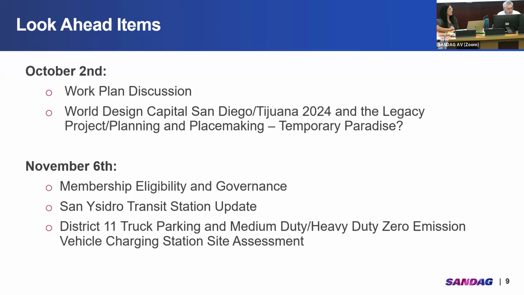And there's some progress on the November 6th meeting as well: to revisit the San Isidro Transit Station and get an update, a critical issue for our region because so many people try to move through there every day with greater or less success. And also the District 11 effort on heavy-duty zero-emission vehicle charging station site assessment.